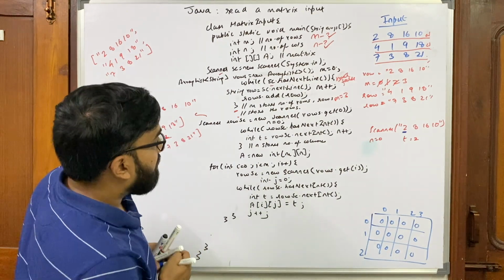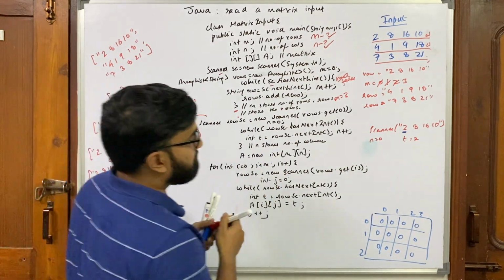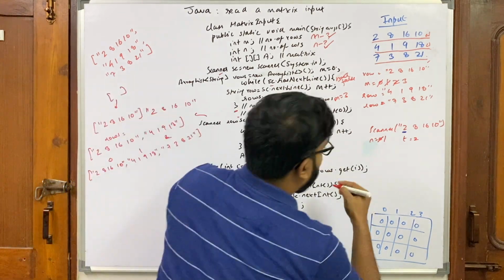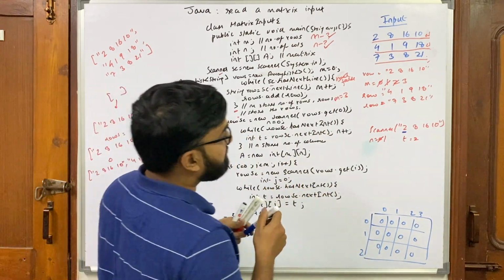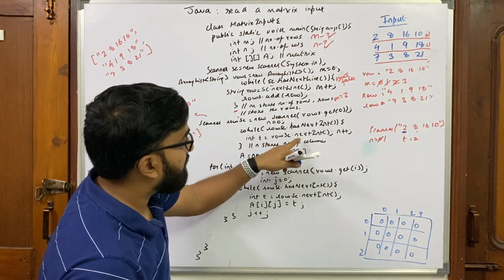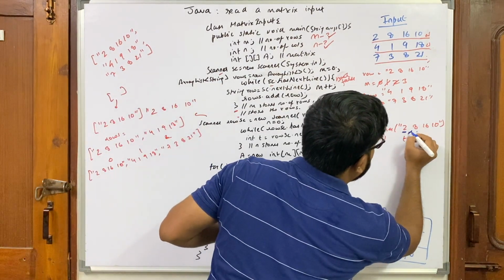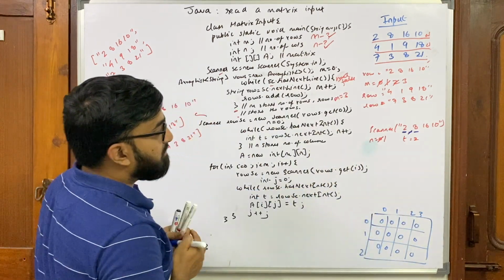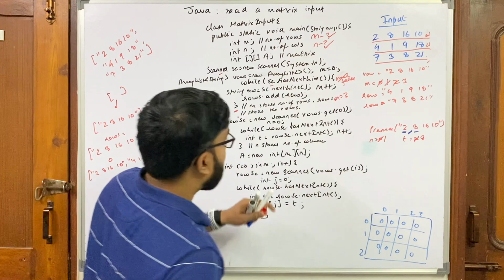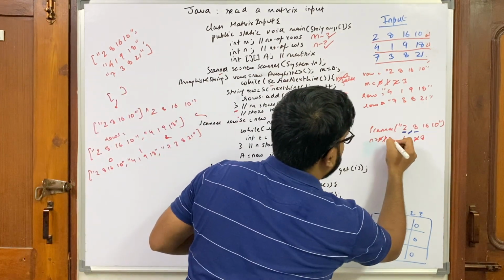Then n becomes 1. You go back to check the condition, has next int will scan this and return true since there is 8. t is row sc.nextInt, the white space is ignored and 8 is returned, so t becomes 8 and n becomes 2.